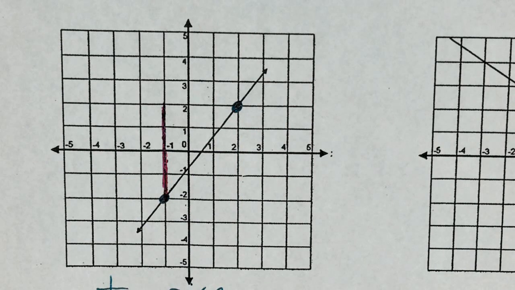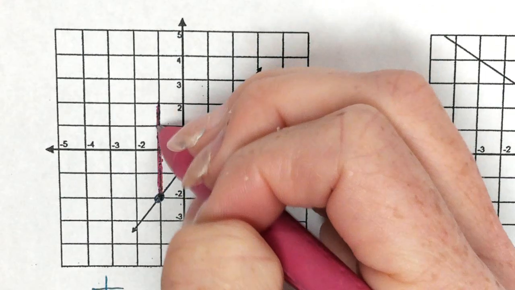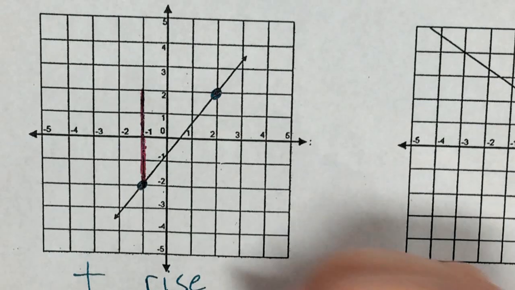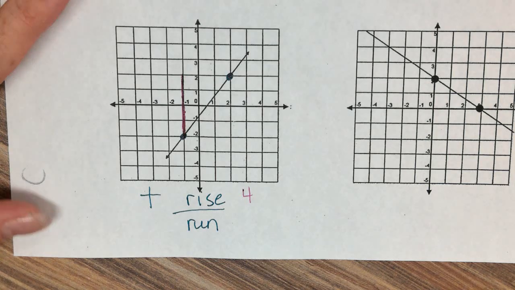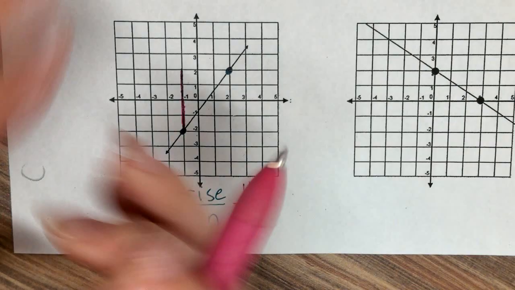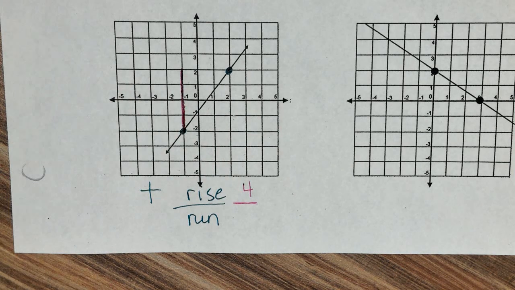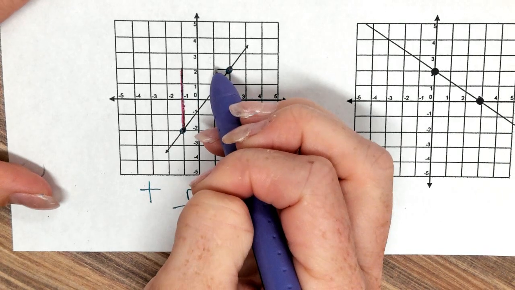And then you're going to count the squares. How high did you rise? Well, this is 1 square, 2, 3, 4. Do y'all agree we rose up 4 squares? Yes? So my rise is 4. 4 goes on top. Now I'm going to run from here, where I left off, to the new dot.